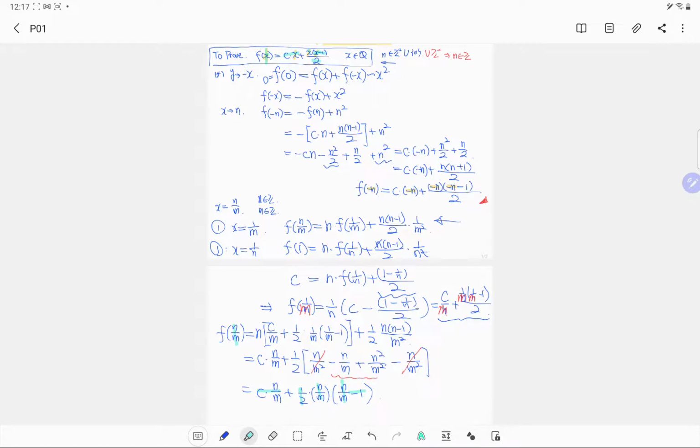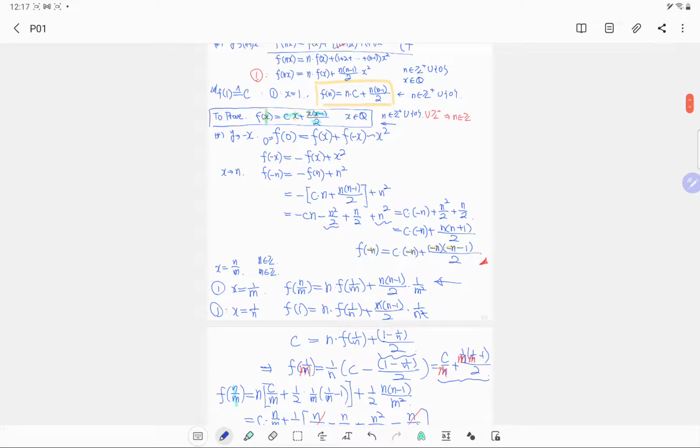So we already proved it for any integer, because for equation 1, n is already any integer, it's okay.